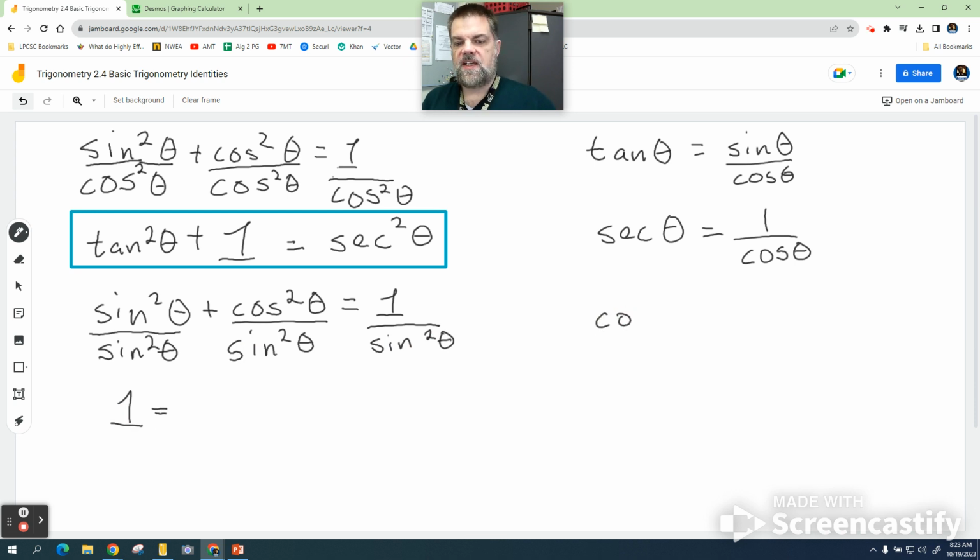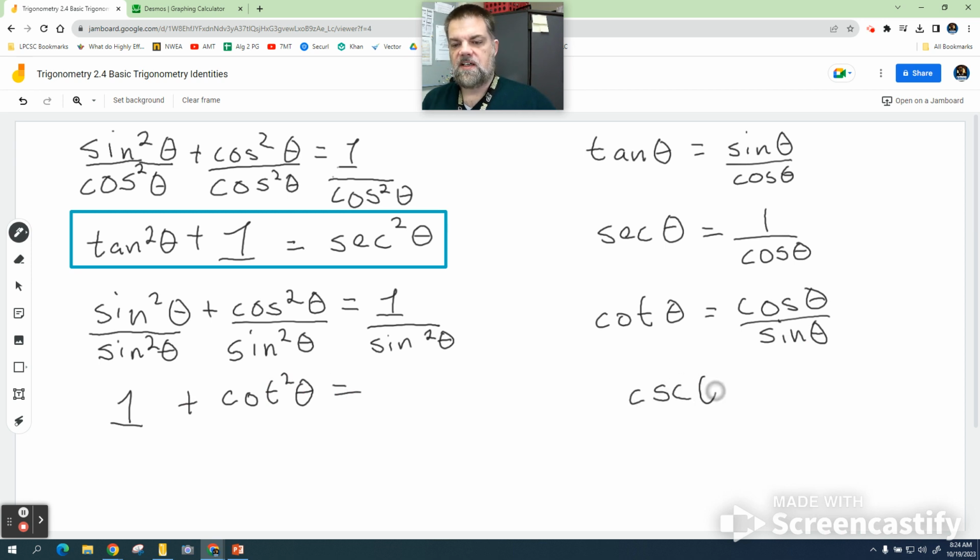We said that cotangent of theta is equal to cosine of theta over sine of theta. So this is cotangent squared of theta. And then we said that cosecant of theta is equal to 1 over sine of theta. So then this becomes cosecant squared of theta.